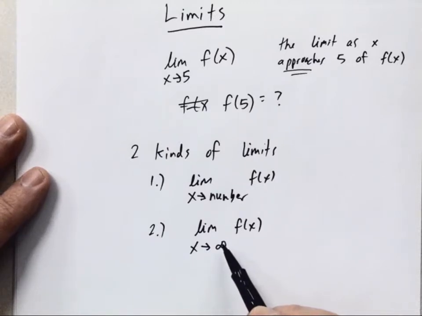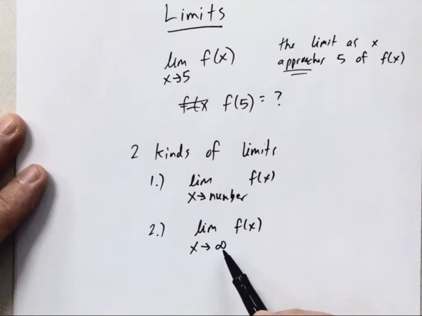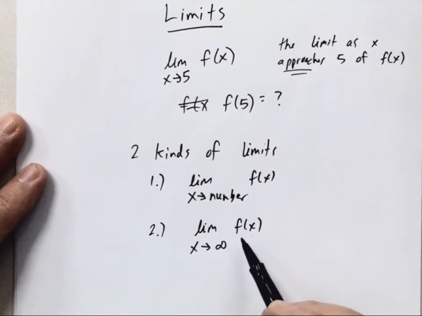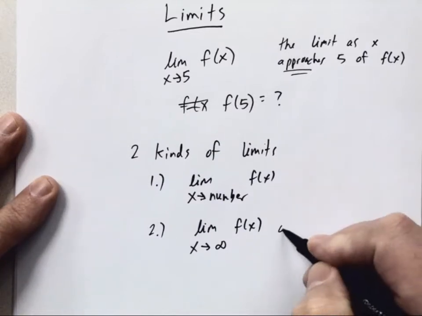Well, the way we express that in math is to say as x approaches infinity. You could think of taking your function and setting x equal to 1,000,000 or 1,000,000,000. And then look at the function and see what the function would equal when x gets large.